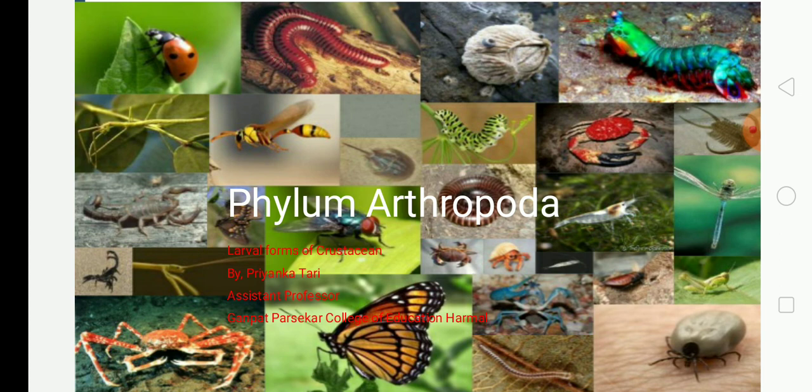There are different types of larval forms of crustacea, for example, Nauplius larva, Metanauplius larva, Cypris, Zoea larva, Alima larva, Megalopa larva, Mysis, and the Phyllosoma larva.